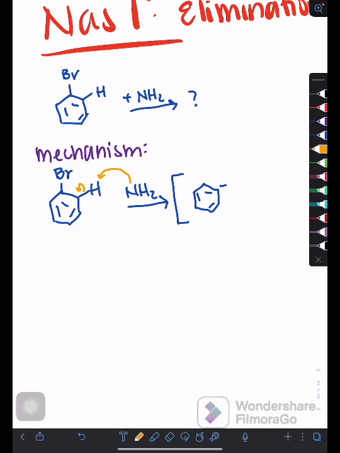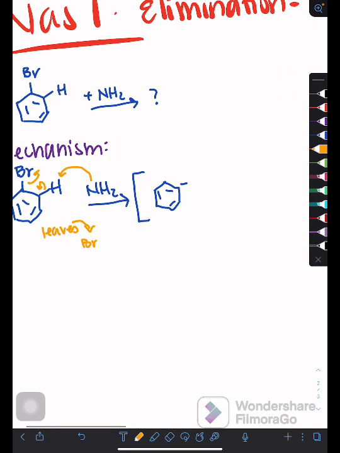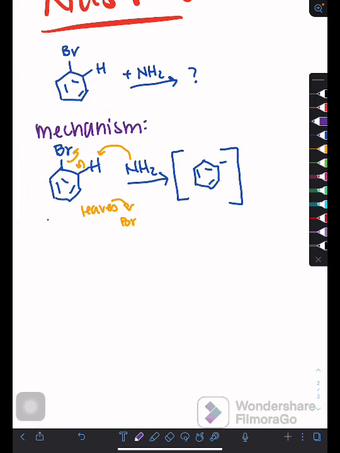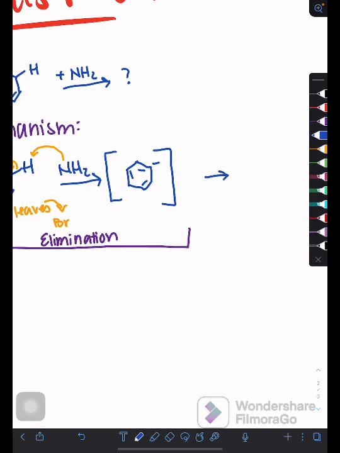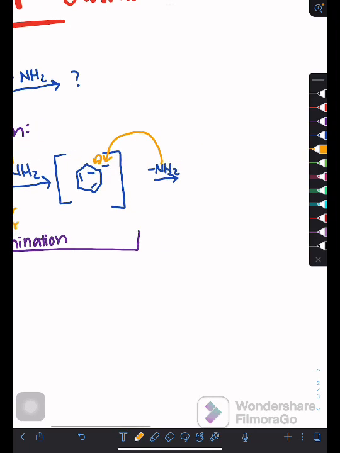Bromide, my bad. Leaves. So this bromide leaves. And then we get that, which could then be the elimination part of our reaction. Then we have more NH2, which will attack this carbon here, and then that carbon is going to go back there.